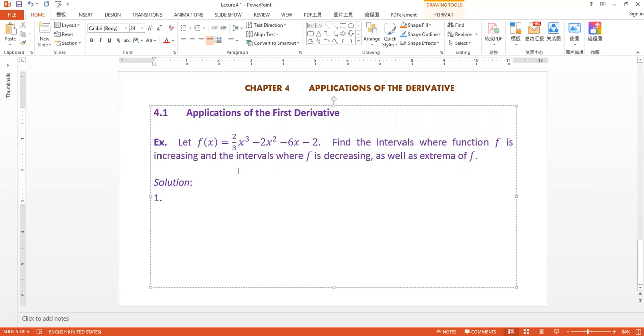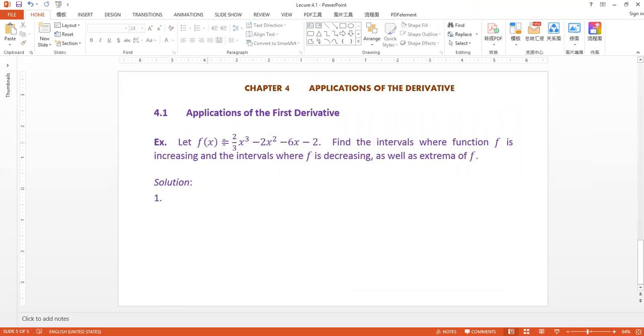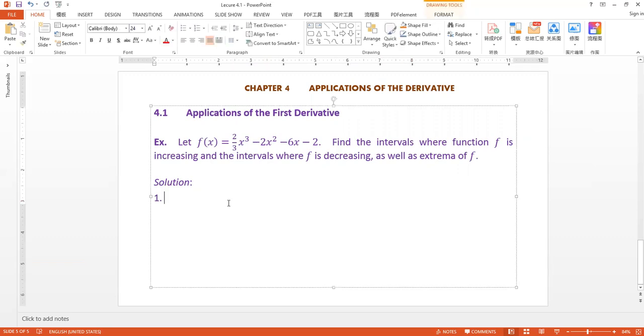So in this example, we have function f defined as 2/3 x cubed minus 2x squared minus 6x minus 2. And we need to find the intervals where the function is increasing and the intervals where f is decreasing, as well as the extrema of f. And this problem has to be done in a few steps.